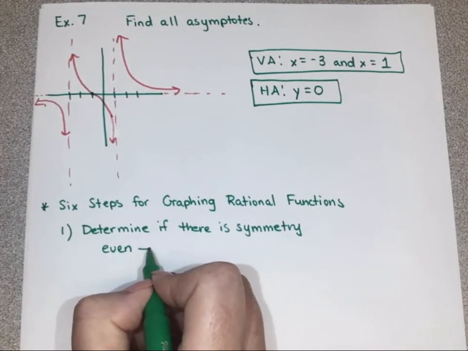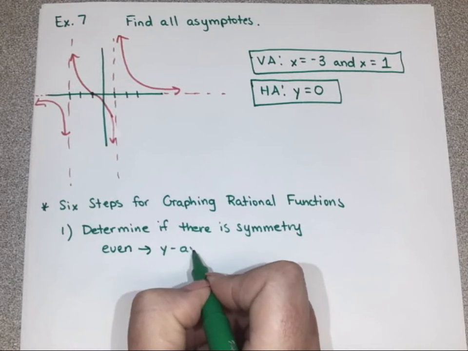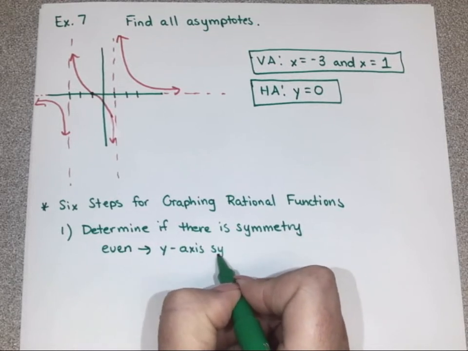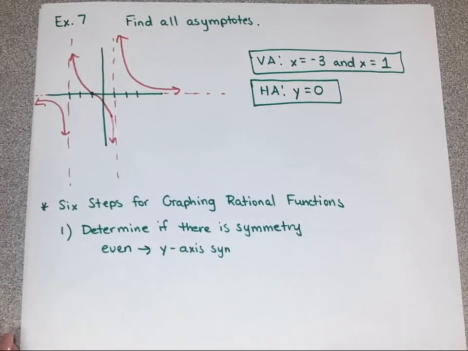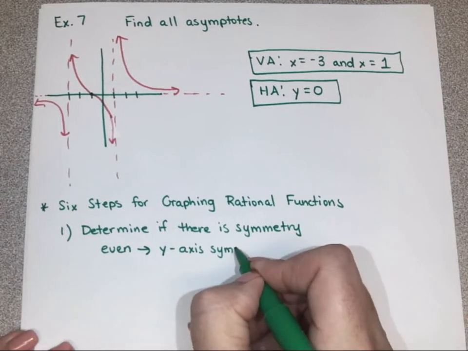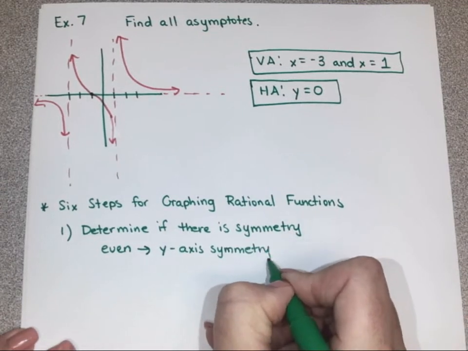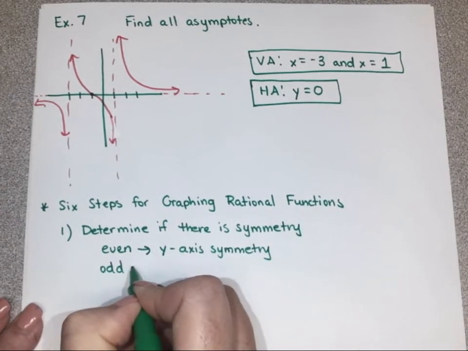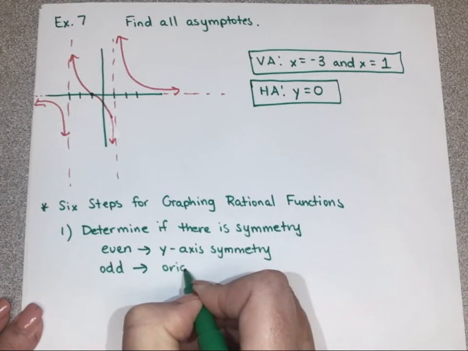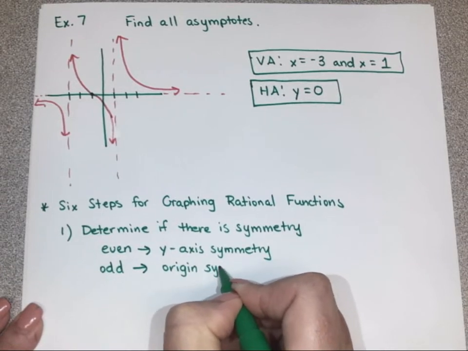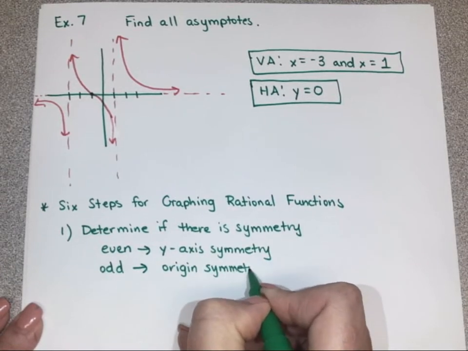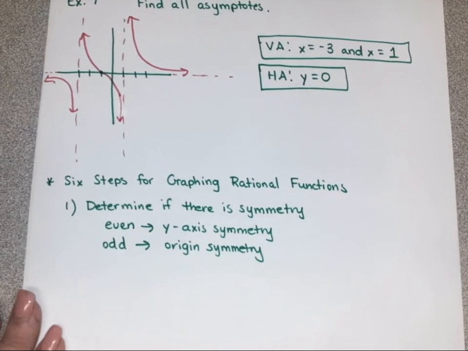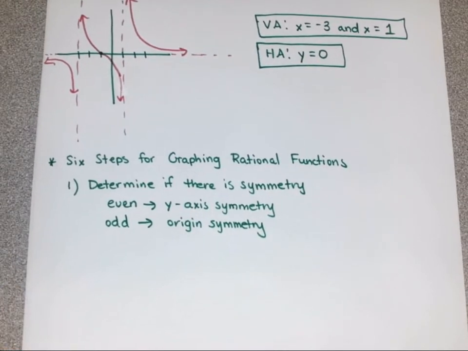So remember, even means there's y-axis symmetry. If it's odd, there's origin symmetry. Most often, it's going to be neither, and what is that going to tell us? There's neither of those types of symmetry, okay?